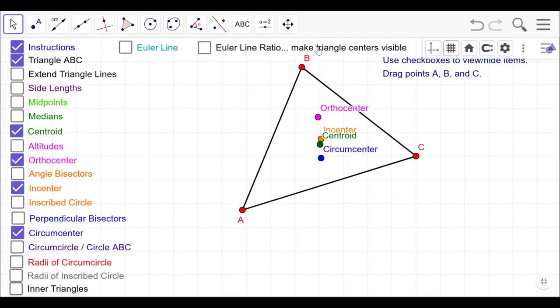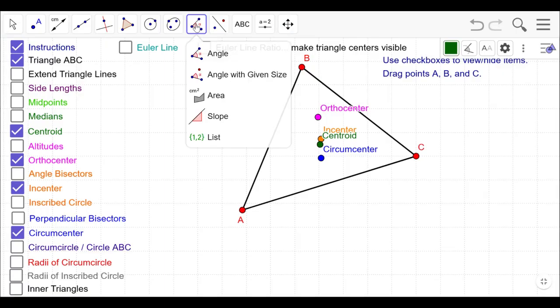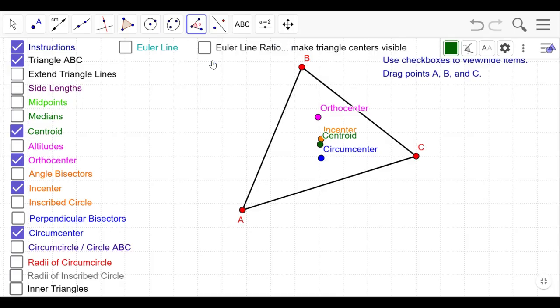Hit Control Z. So just that green marking. All right. So I labeled it wrong. I always got to test this out. So hit the angle key again. Click angle. All right. I know what I did wrong. So hit A first, then B, then C.